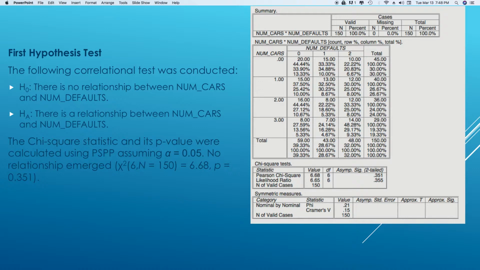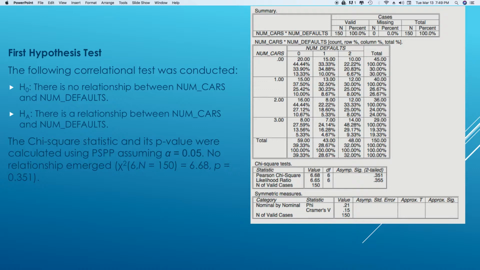The Pearson chi-square is 6.68, so that indicates our chi-square statistic for this test. The DF indicates degrees of freedom, and the sig that we see there, two-tailed, very simply means the p-value. So, the chi-square statistic and its p-value were calculated using PSPP, assuming alpha equals 0.05.